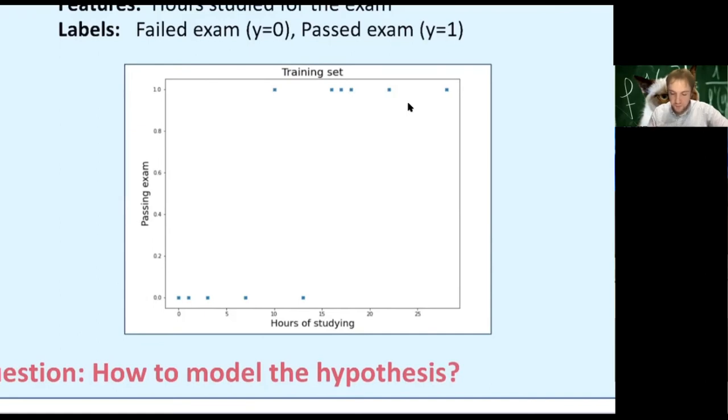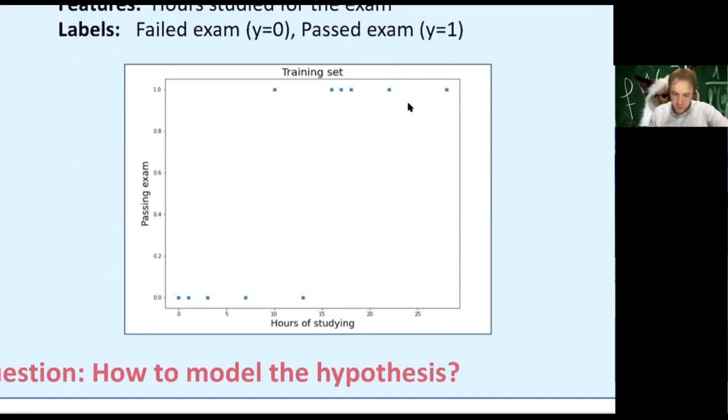And of course, what graph do you have in mind here? Maybe at some point around here, we switch from not passing to passing. So maybe it looks something like this. But of course, there are some points which don't really fit. So maybe it's not like this. Maybe it's a little bit more like this, or maybe like this.